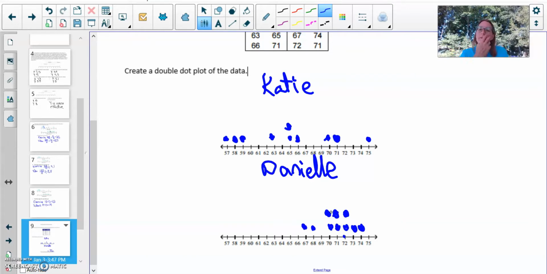Okay, so we can see overall Danielle's more consistent in how she's exercising, and she also seems to be spending more time on it.